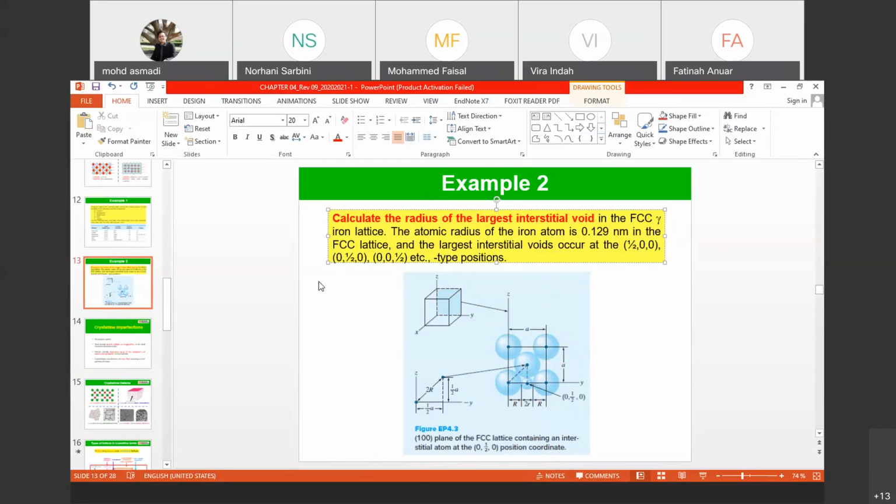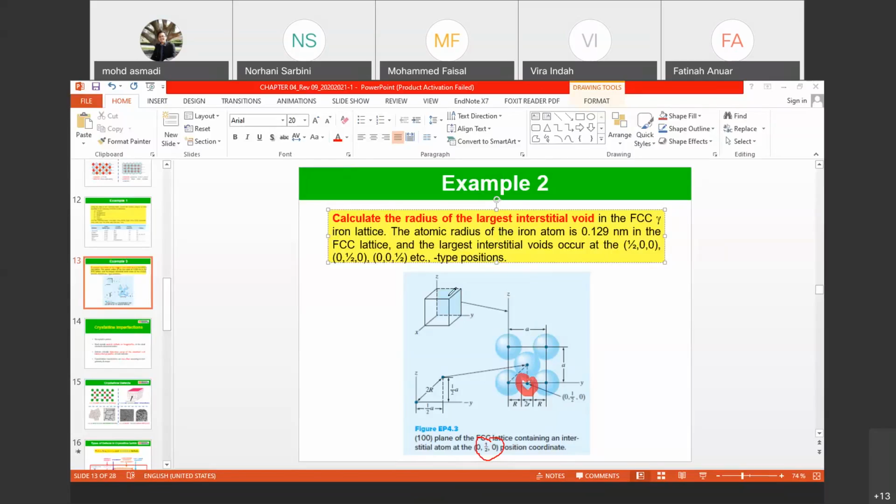Look here at the position of the interstitial atom. The position is 0, half, 0 coordinate, with the 100 lattice plane.